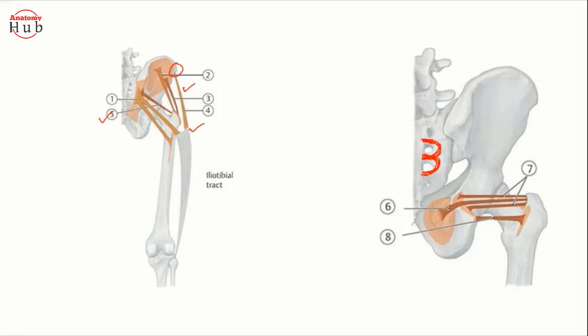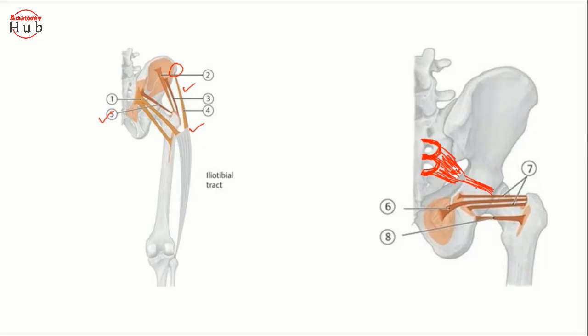Then you can see this is the origin point of the piriformis muscle. Then this piriformis muscle comes laterally and slightly downward, and it is just coming out of the pelvic cavity. Then it comes towards the greater sciatic foramen, then it comes towards this, right?